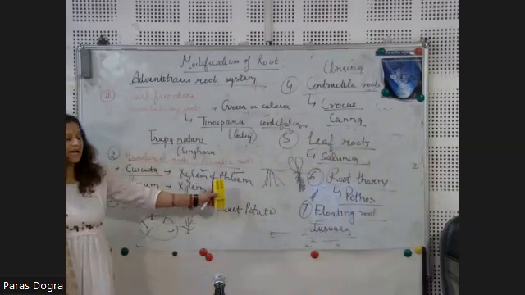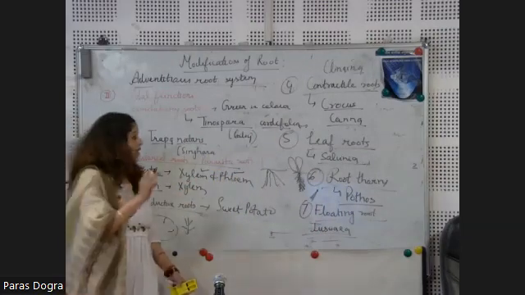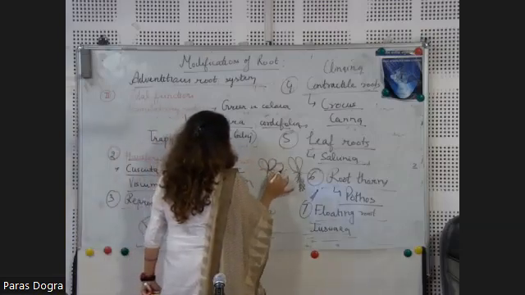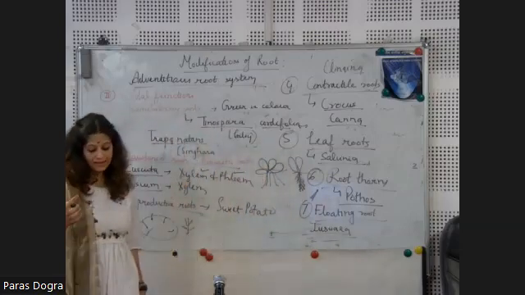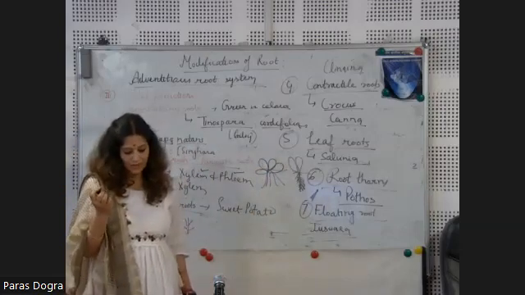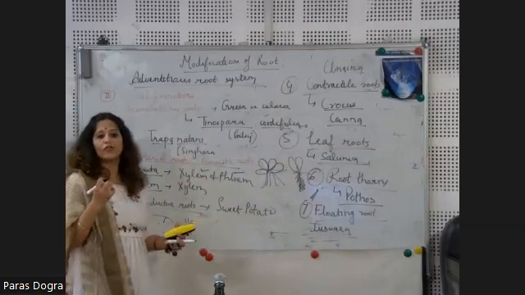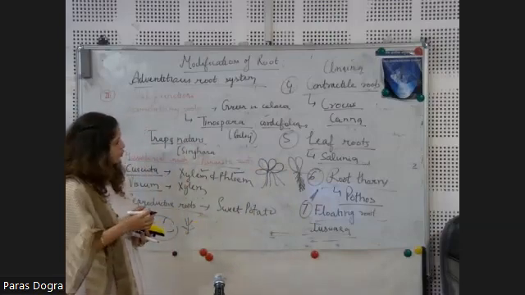Some of the roots do their usual function, but some of the roots are modified to become inflated, balloon-like structures, and they store oxygen and help in buoyancy. So these are the different kinds of roots that we find in adventitious roots.